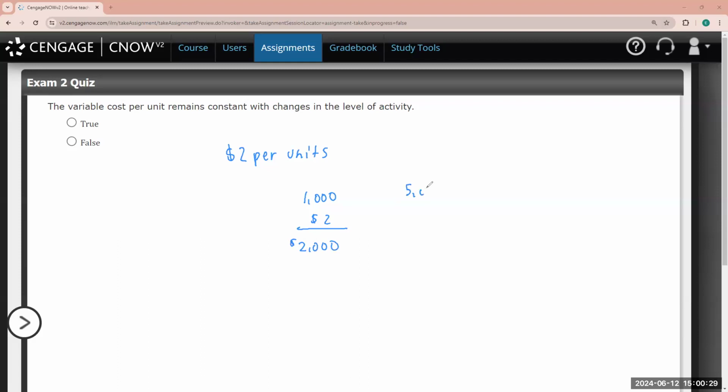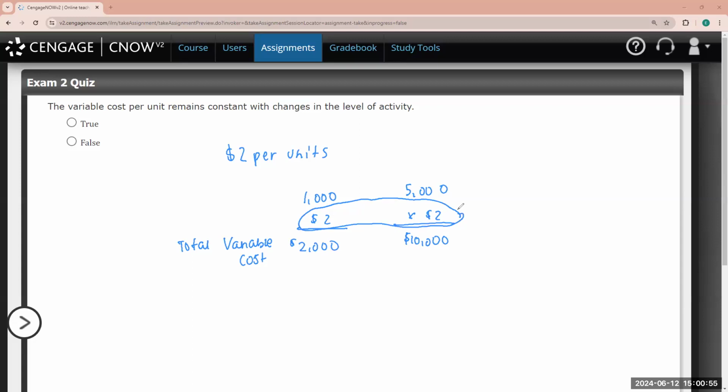If we sold 5,000 units, our total variable cost would be 10,000, so we see our total variable cost changes with the level of activity. However, the question is asking about our variable cost per unit, which in this case is $2.